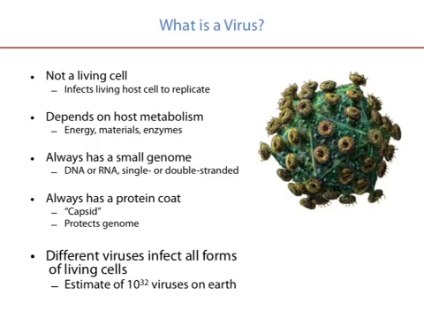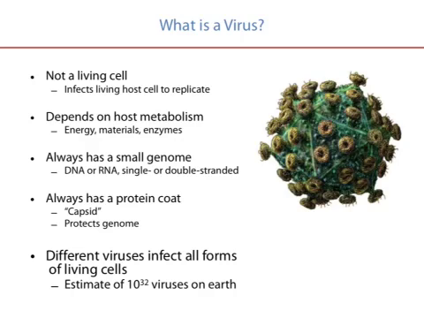Viruses always have small genomes. And the genetic material of a virus doesn't have to be DNA. It can be DNA, but viral genomes can also be RNA, and the genomes can be single-stranded or double-stranded.